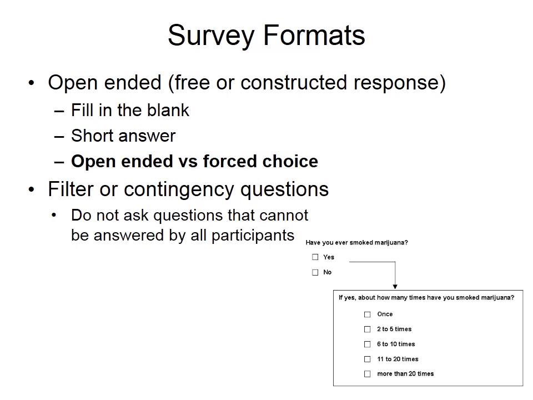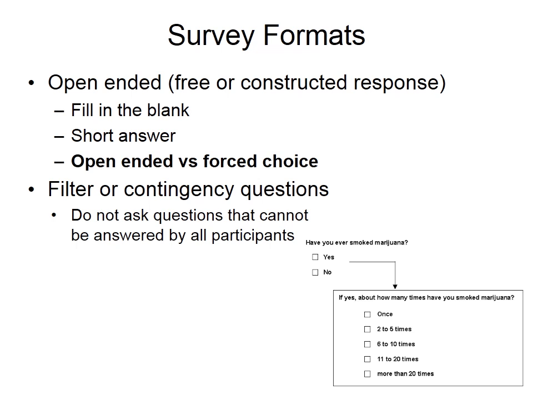Survey formats also differ in whether items are forced choice or open-ended. Open-ended includes fill in the blank and short answer, and generally speaking, there are advantages and disadvantages to open-ended versus forced choice. The advantage to open-ended is that it allows for detailed responses.